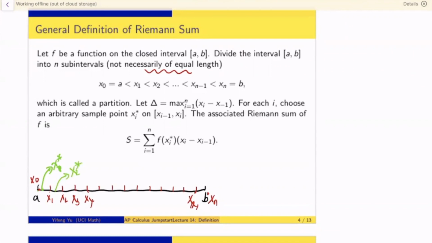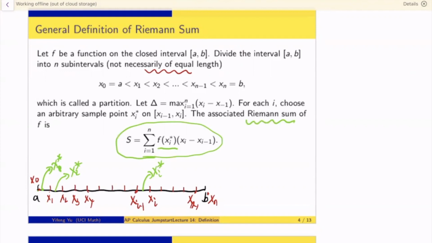In general, this is x_{i-1}, and this is x_i, and you can choose the sample point, which is x_i star. Now you evaluate f on those sample points, and you sum them up. And this is called a Riemann sum.